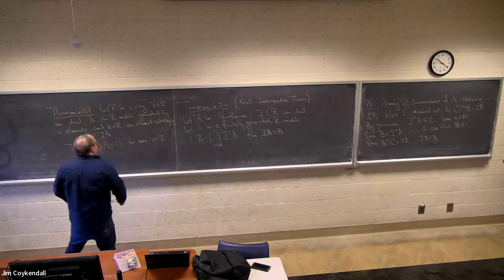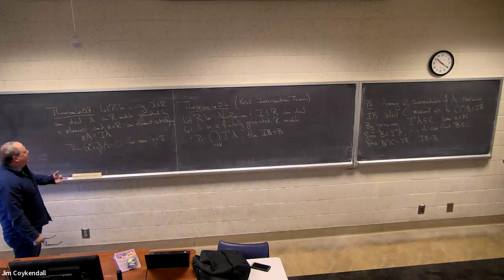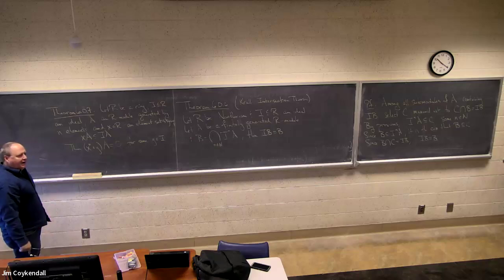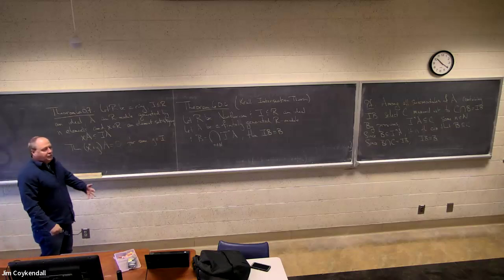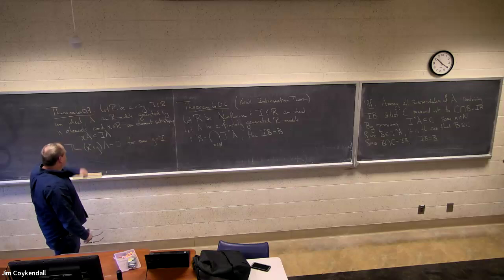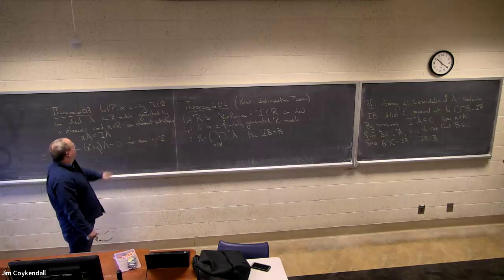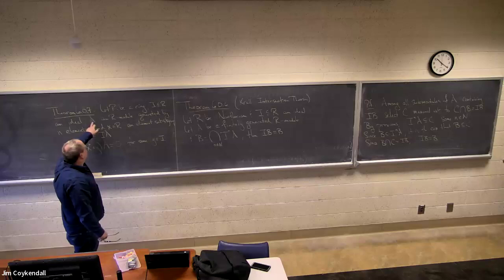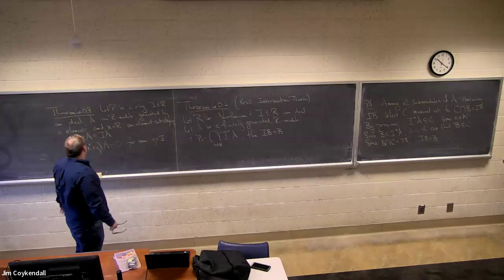Okay, so here's the claim. These are not terribly hard ones, but I always find it useful to take a little while to get a picture in my mind. So you've got a ring and an ideal, and you've got some n-generated R module.